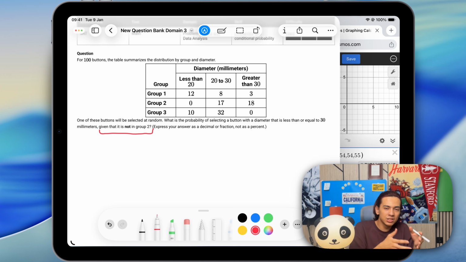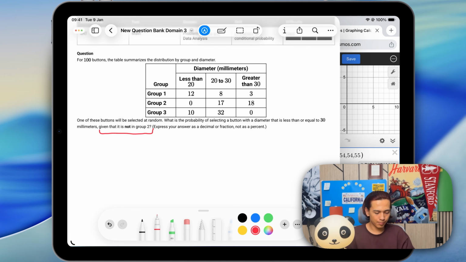Given that it's not group 2, what is the probability of selecting a button that is less than or equal to 30? There's no chance that when you select one button, it's going to be from group 2. It just means you removed all of the group 2 buttons from the box, and then you're randomly choosing. You can think of it that way.